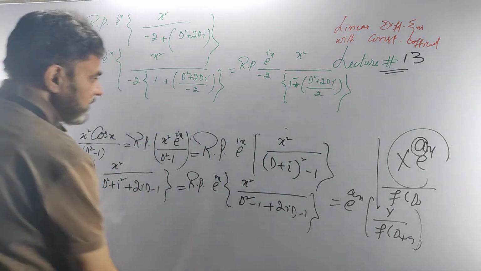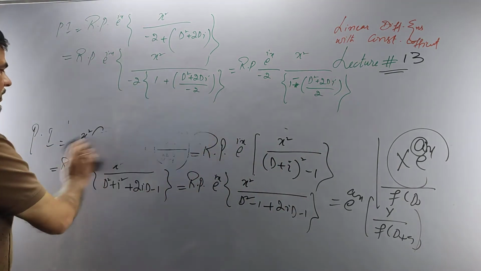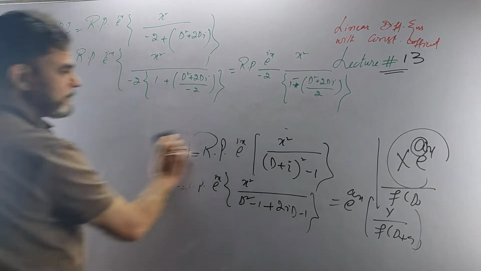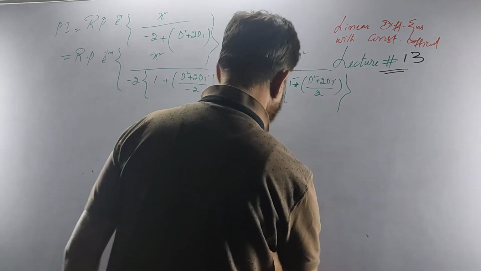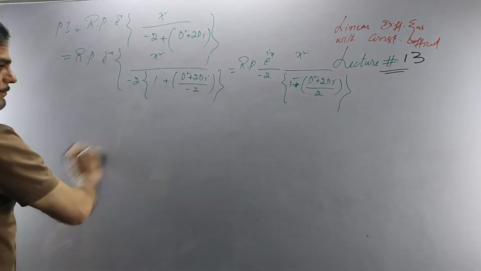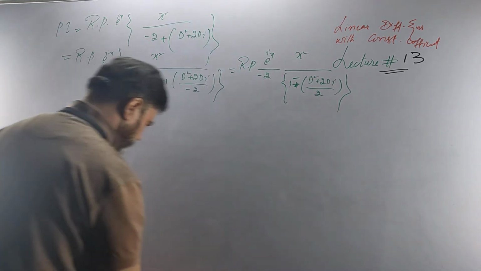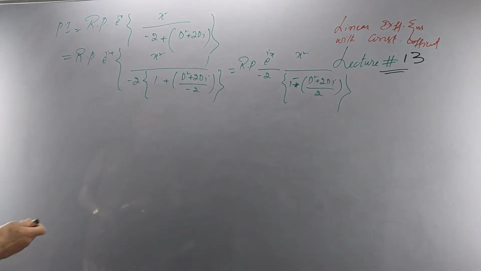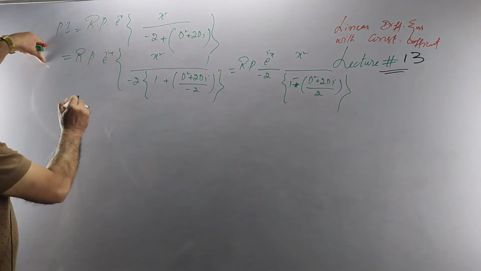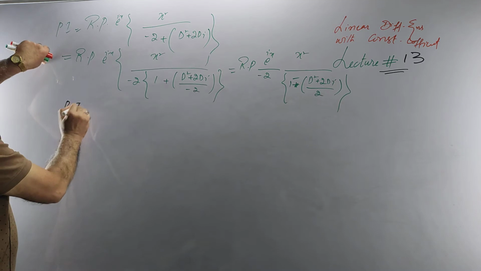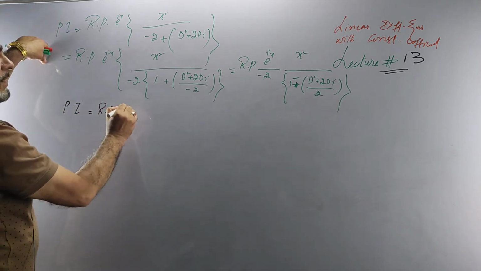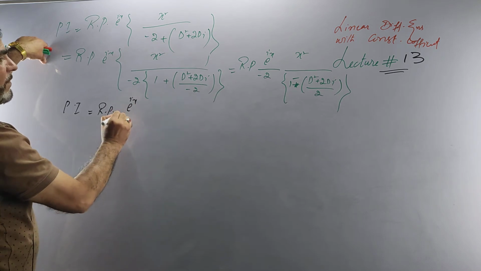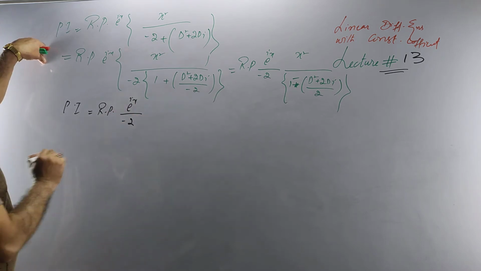Now I shall find the particular integral in the same way. Well, this is the particular integral. It is a real part of e raised power iota x by minus 2.